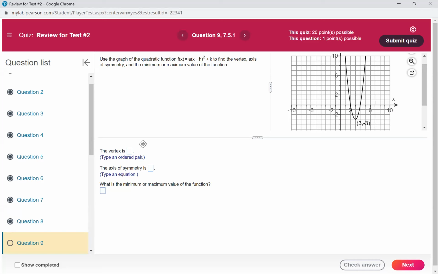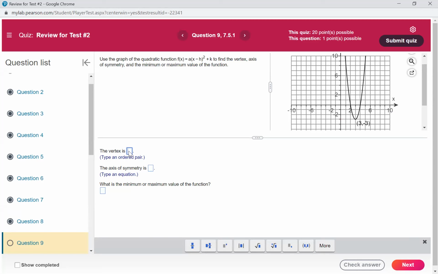So they're giving me the vertex, and the vertex will be the ordered pair, which was what, a 3, -3, and then close my parentheses. The axis of symmetry is going to be x equals the x value of that, which was 3.